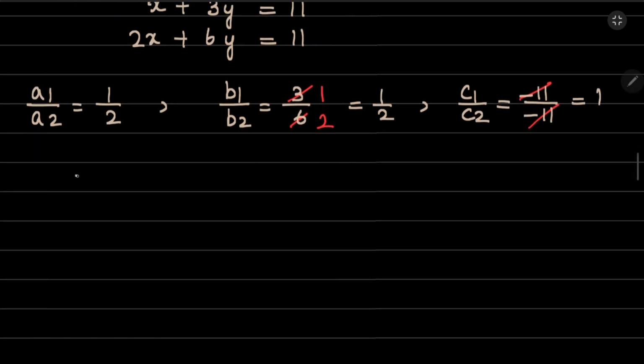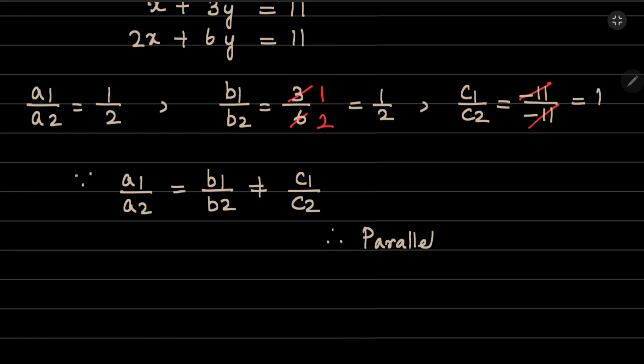So what do you see here? Since a1 by a2 is equal to b1 by b2, but this is not equal to c1 by c2, therefore, what is this condition? This is a condition for parallel lines. That means they have no solution.